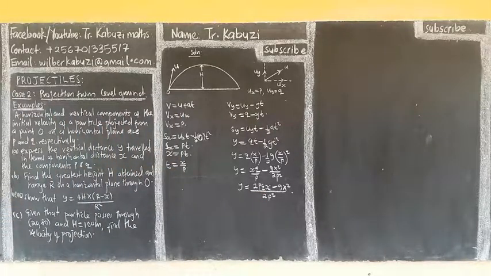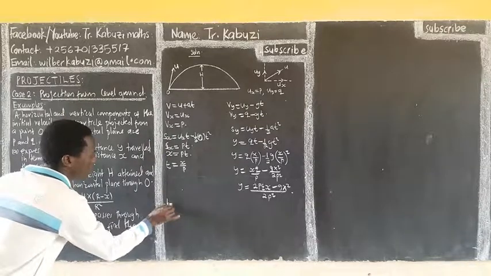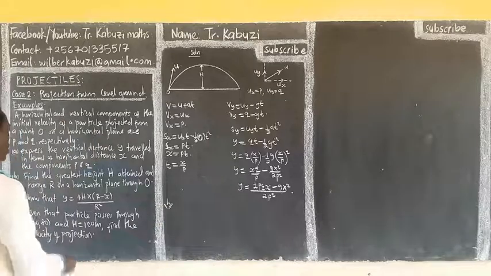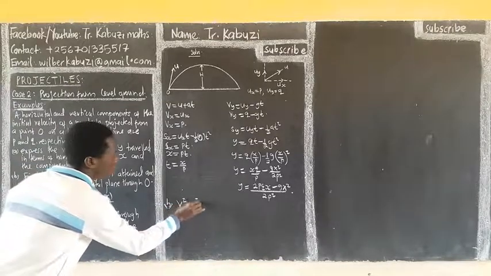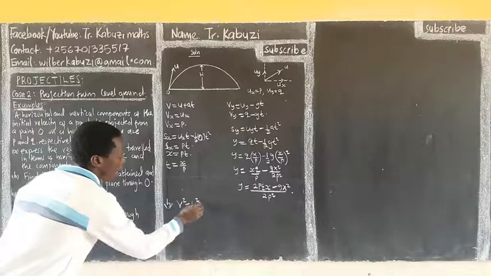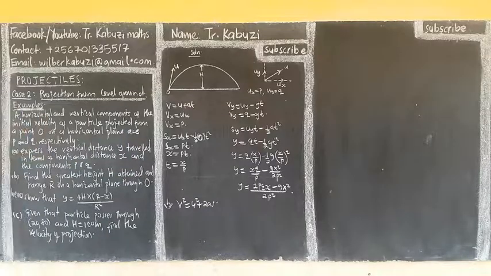Okay, find the greatest height attained by the particle. This was part A, then part B: the greatest height attained by the particle, H. So using v squared equals u squared plus 2as, if that's our greatest height, we are going vertical.